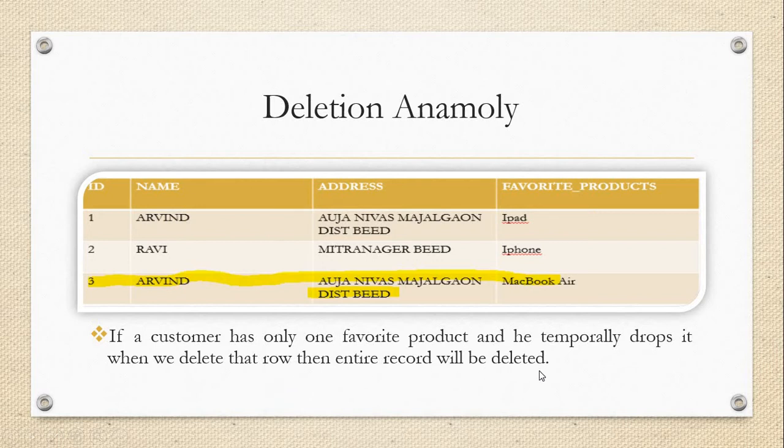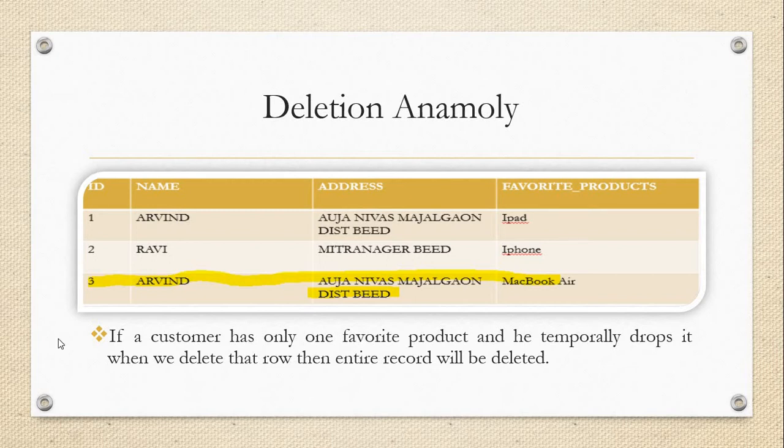That should not happen. See, this favorite product is not depending on the name. This product is not depending on the name. When we try to delete this MacBook Air, this favorite product, the entire row will be deleted. So that should not happen. See, when we try to delete one record, or some fields, those fields must not affect other fields.